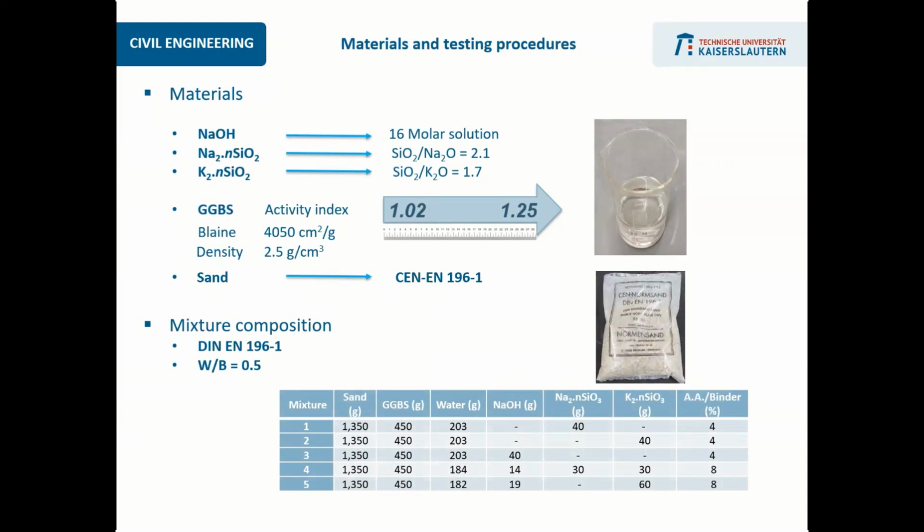The first 3 mixtures include the 3 types of activators separately in order to measure and evaluate the effect of each type of activator on the alkali activated slag. Thereafter, I defined 2 optimized mixtures according to the results of the previous mixtures.